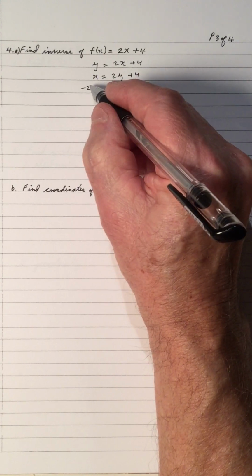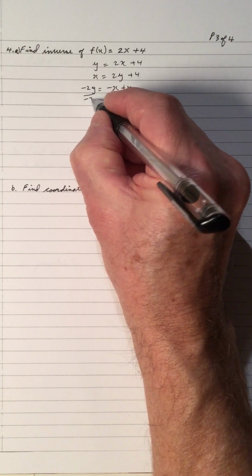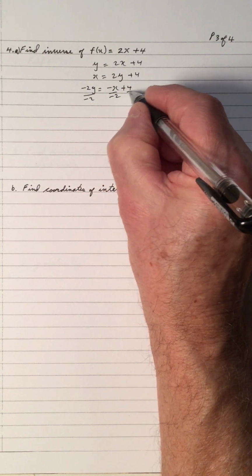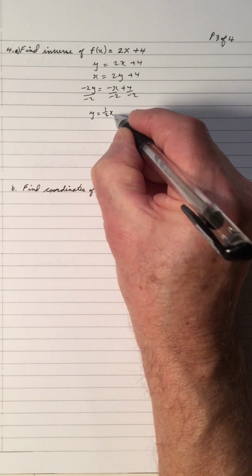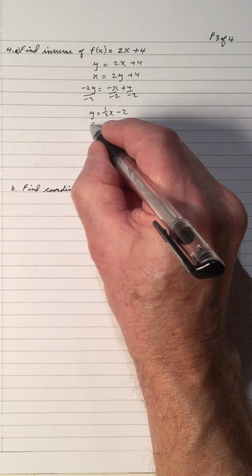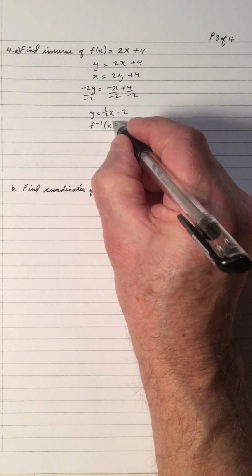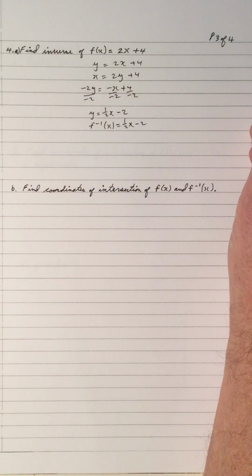So the y goes to the left, the x goes to the right, change. Now we divide by negative 2. So y equals a half x minus 2. And so its inverse, f to the negative 1 of x, is a half x minus 2.